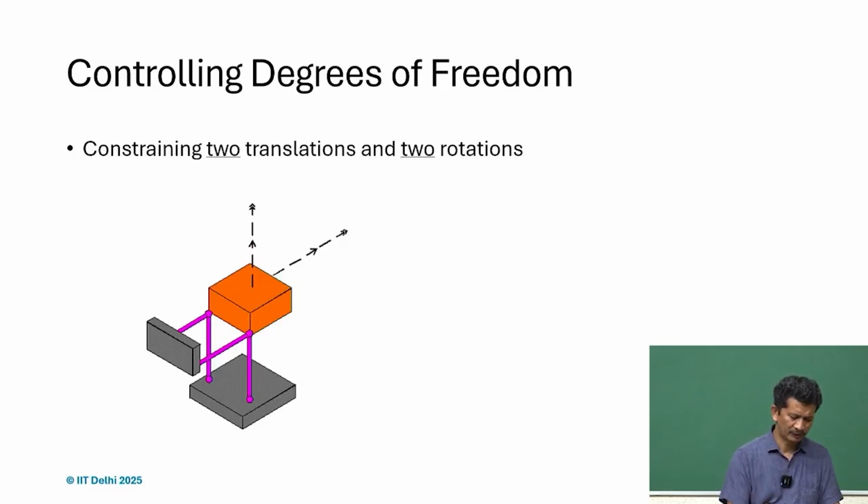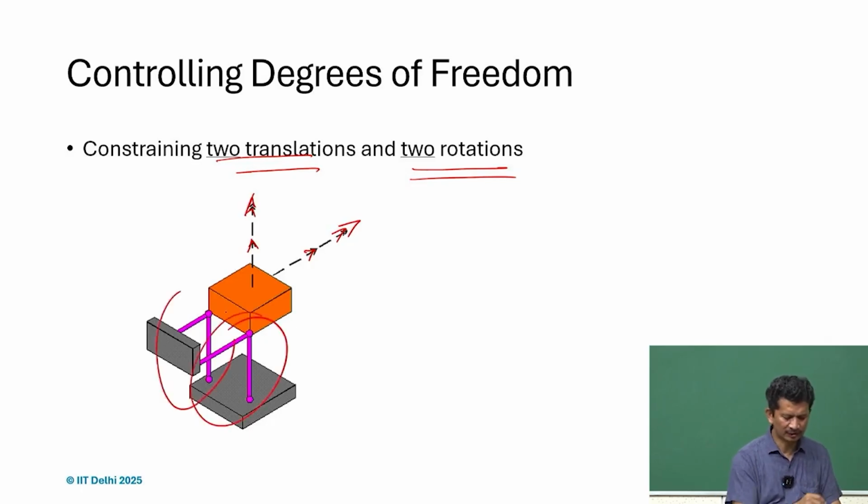So, again we can constrain 2 translations and 2 rotations, as shown here, rotation and translation, translation and rotation, and 2 sets can provide us that kind of motion or that kind of constraints. So, in this case the degrees of freedom will be this translation, and it will also have this rotation.